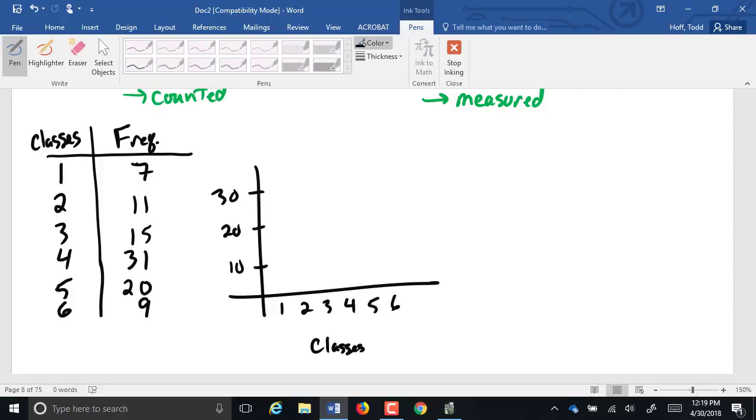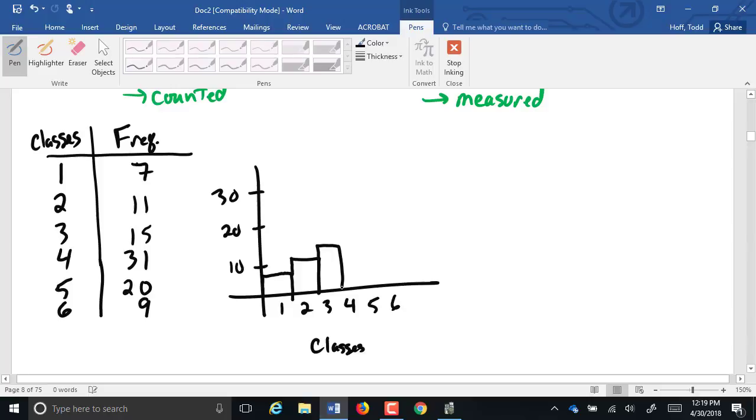One thing that would be different in our bar graph here, 1 is 7, 2 is 11, 3 would be 15, 4 is 31, 5 would be 20. Oops, get back up there. And 6 would be 9.